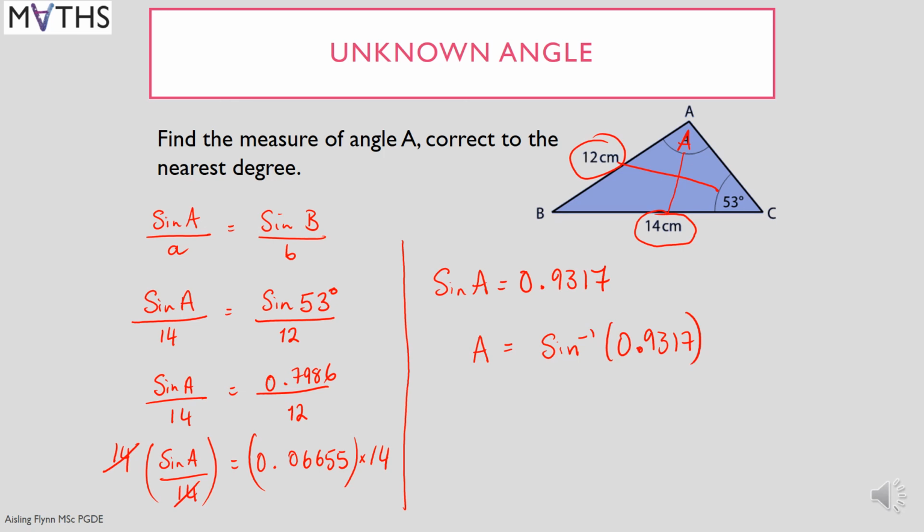You're asking the calculator what angle gives us an answer for sine that is 0.9317. On your calculator you'll press the shift button and the sine button, which gives you sine inverse, then 0.9317, and I want you to try this as well. Press equals and we get 68.7013 degrees.